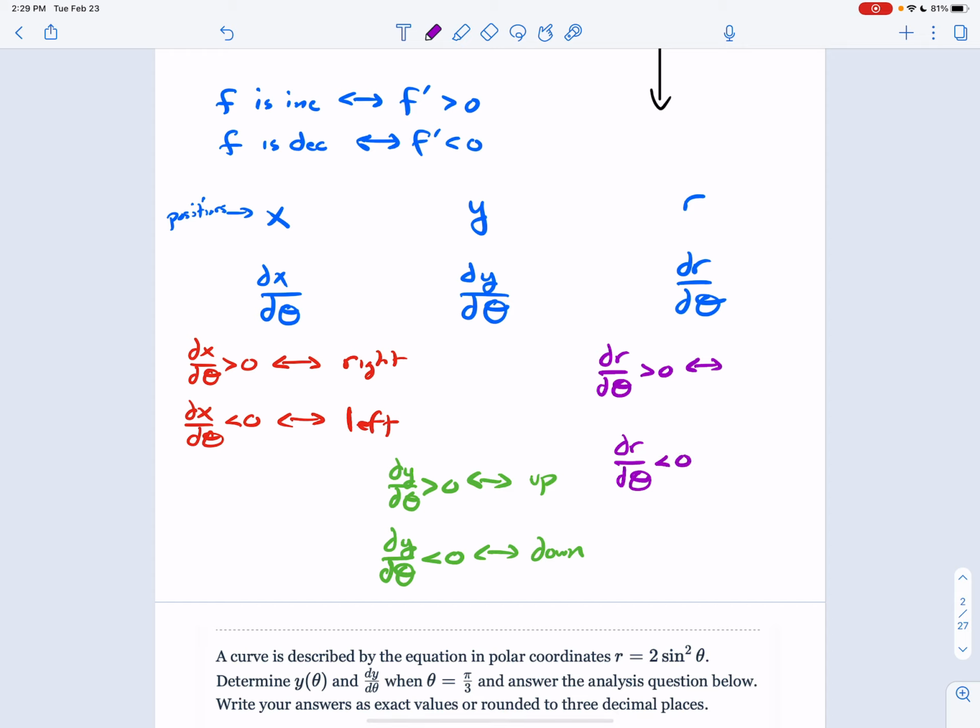dr d theta is towards or away. Would that work for all cases? Hold on, you guys. I'm thinking about this one.